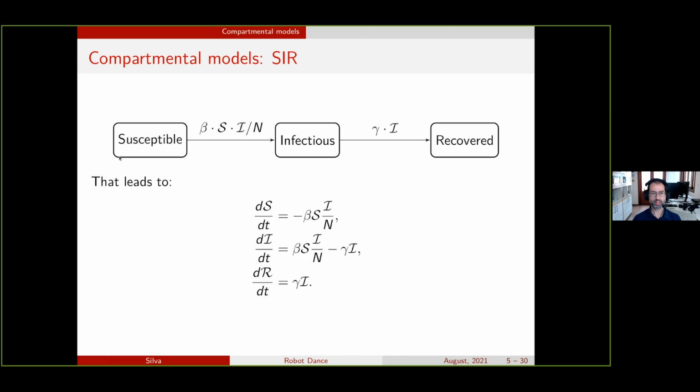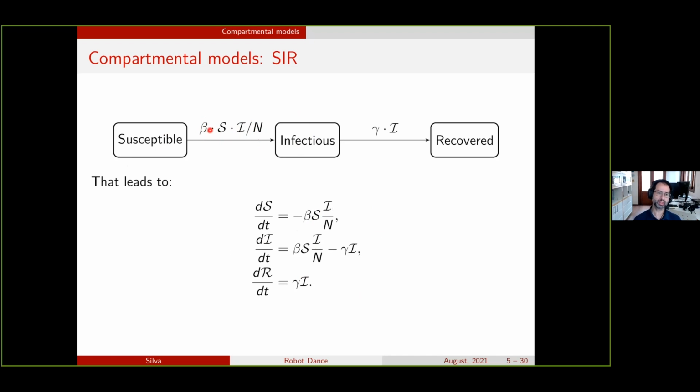which basically says that from susceptible, you become infected by having a contact with someone who is already infected, and the probability of your encounters being with infected people is I over N, where I stands for the number of infected people and N is the total population. And the number of contacts between those two kinds of people is S times this probability.